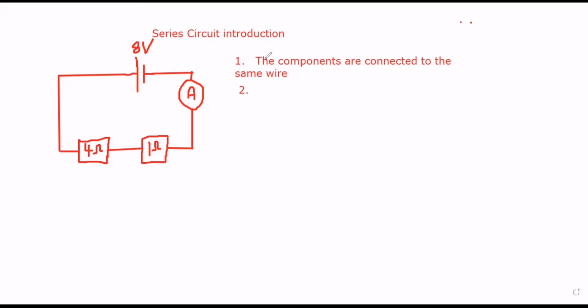We know that the long line is the positive terminal, the short line is the negative terminal. So your current always flows from the positive terminal back to the negative terminal. So your current will go in this direction, flow throughout this wire, past these resistors, past this ammeter, go back to the cell via the negative terminal. As long as the switch is closed, it's a continuous cycle. The current flows, just like that, right?